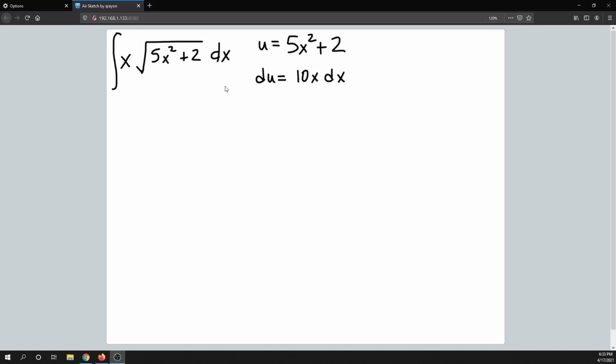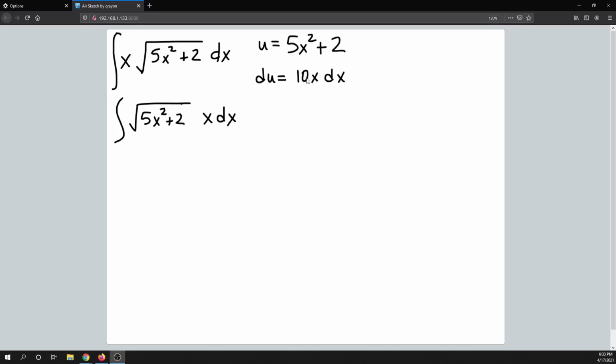And so what I'm going to do is just rearrange this. And you can see I have the x and the dx perfect here, just like I have over here. That will make things easy to switch. But what I don't have is the 10.